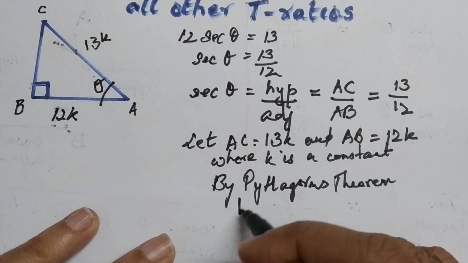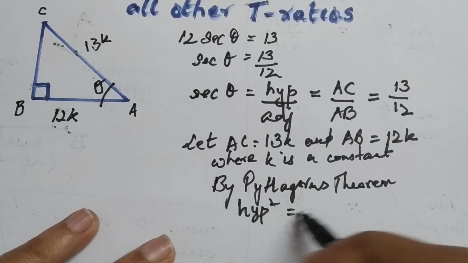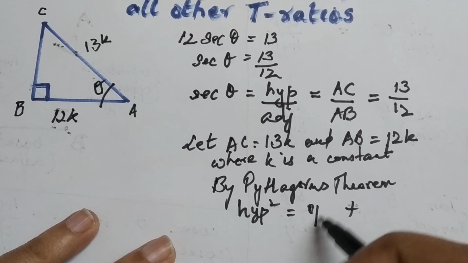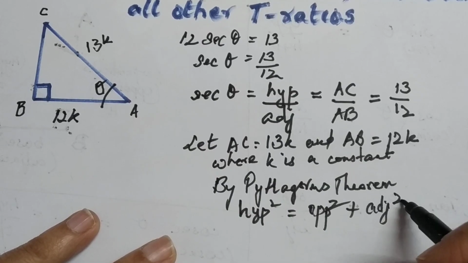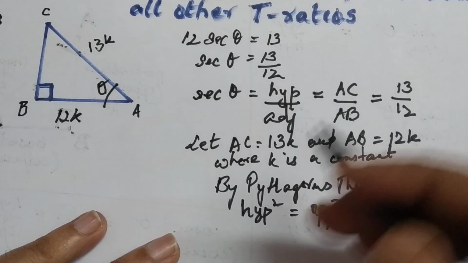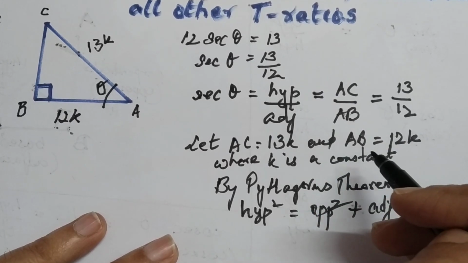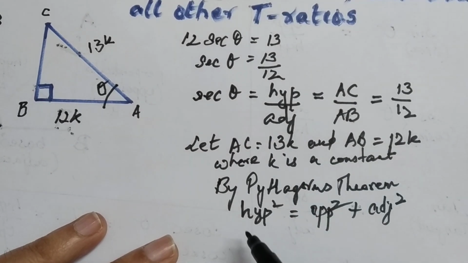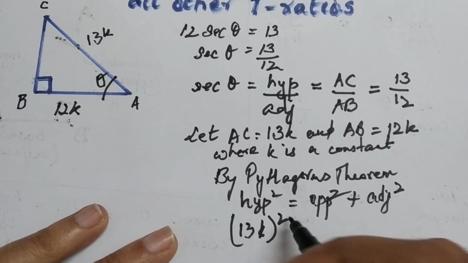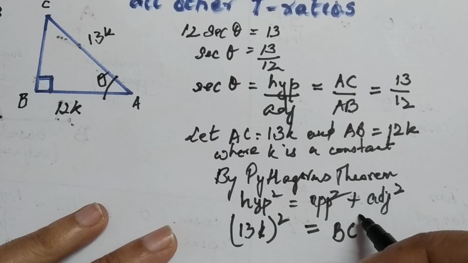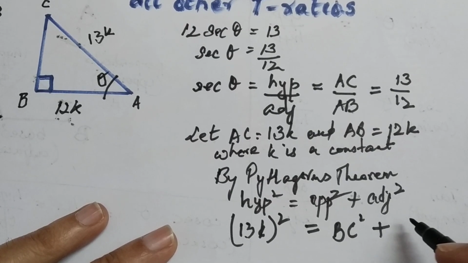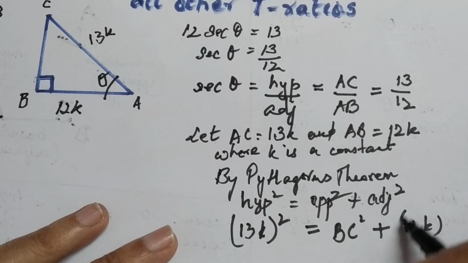It says that hypotenuse square is equal to the sum of the squares of the other two sides, which means opposite square plus adjacent square. Hypotenuse is 13k, so we write 13k the whole squared is equal to, opposite is what we need to find out, so we keep the opposite side as BC squared. Adjacent, we know AB is 12k, so 12k the whole squared.